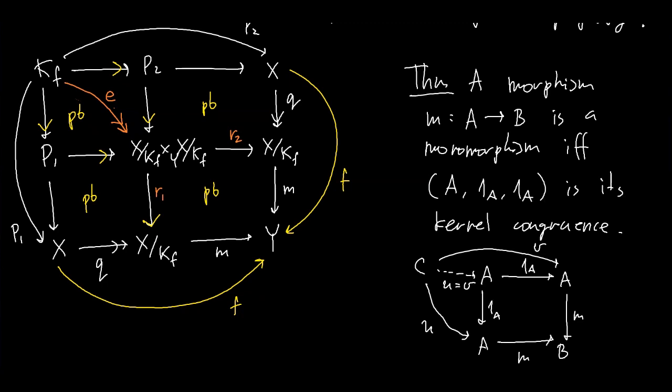Because projecting with R1 gives me P1Q. So it's the class of the first component and the class of the second component, but they must be the same, right? So it must actually send it to two of the same things.